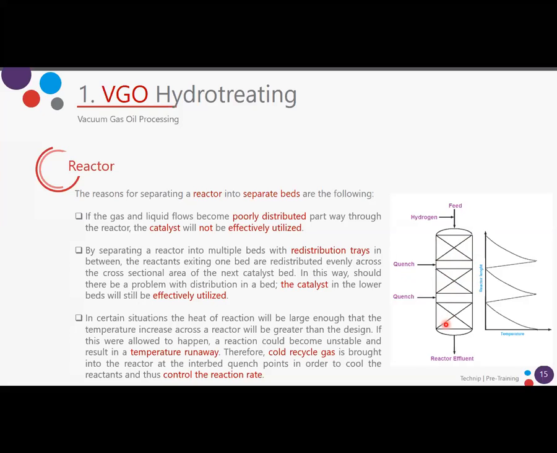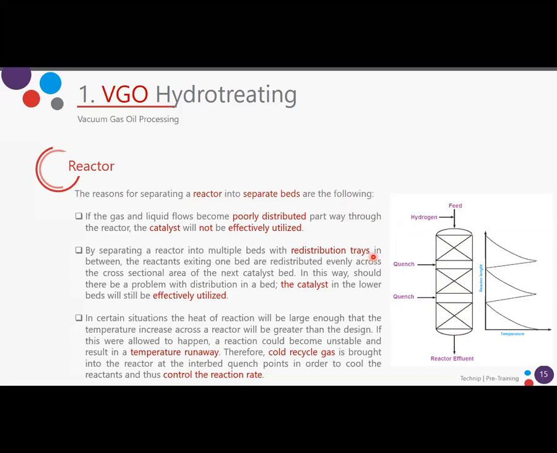Okay. So that was the intention of this slide. Maybe we can ask why we don't have only one bed in this reactor, but these are the main reasons why we have a reactor in separate beds.